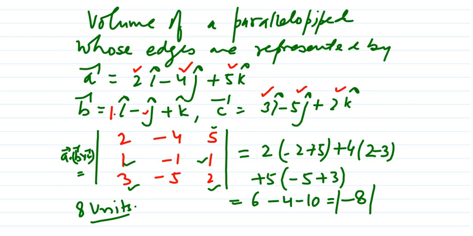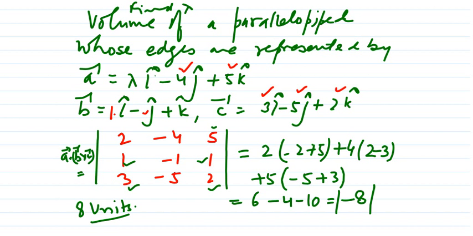Sometimes we have to solve problems like, for example, find the value of lambda if the volume of a parallelepiped whose edges are represented by A equal to lambda i cap minus 4j plus 5k, and B and C are the same as in the previous example.